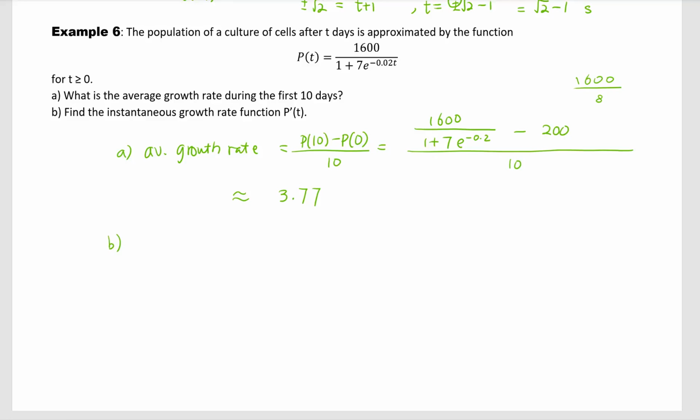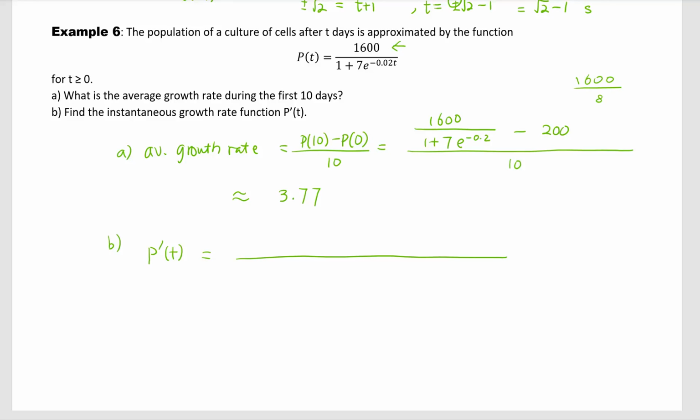Okay. And then part B, find the instantaneous growth rate function P prime of t. Well, P prime of t, we're going to do the derivative, right? So this is a quotient, so we use the quotient rule. Actually, do you see the numerator? It's not a function of t, okay?